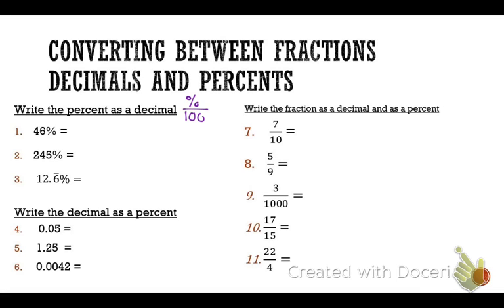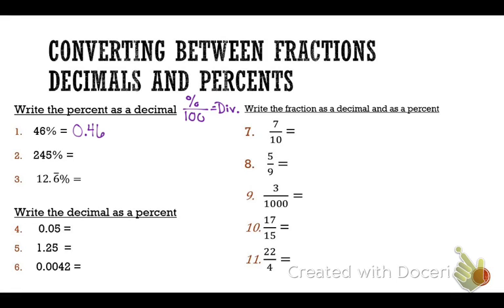Division is what converts a percentage to a decimal. When I divide, I am moving my decimal left 2 places. So percent is always out of 100, which means division. So this would be 0.46.